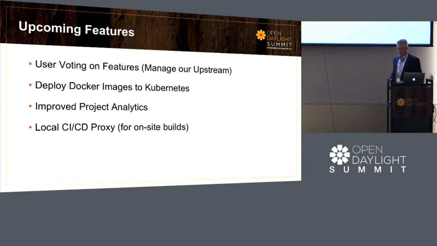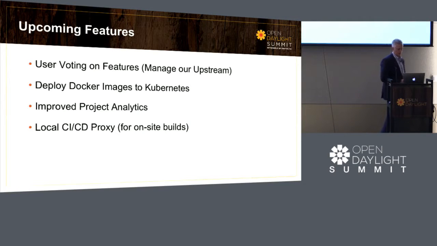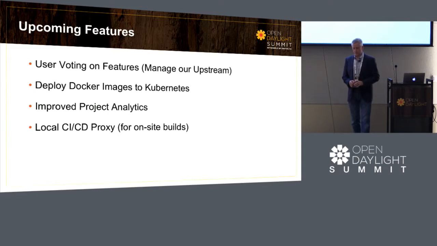All right, now I showed a number of features in there, and one of the things that we're working on, based on feedback from our customers and organizations that we work with, is that we do a lot of upstream work, as you might imagine. We're on the technical steering committee, we're on the OpenDaylight board, and our engineers are committers to various projects.